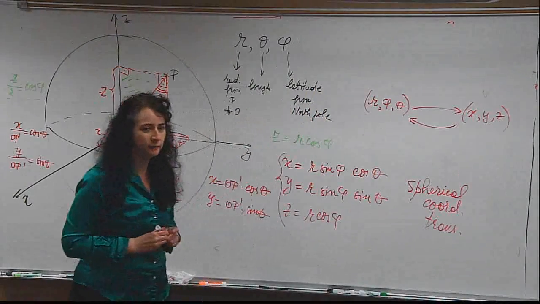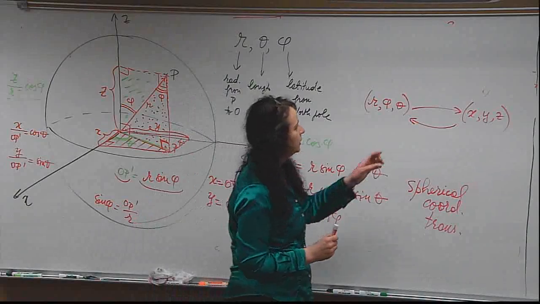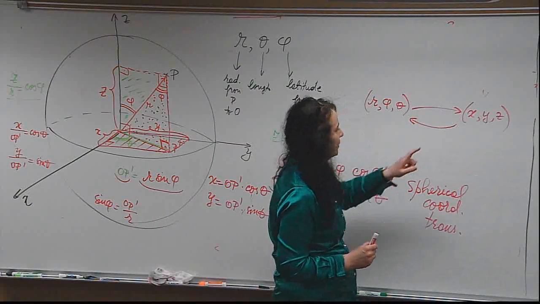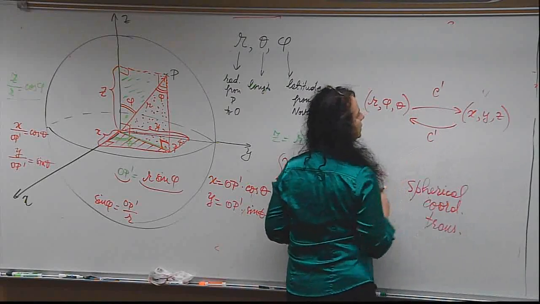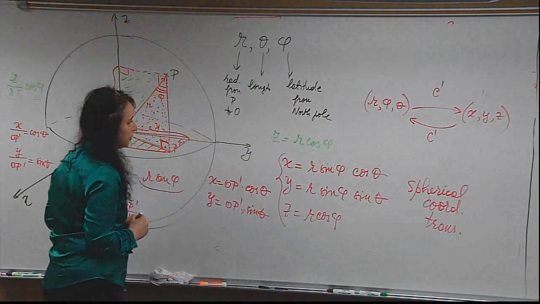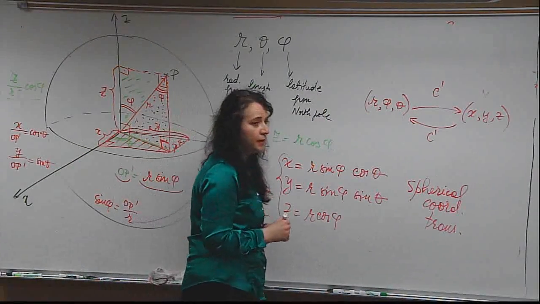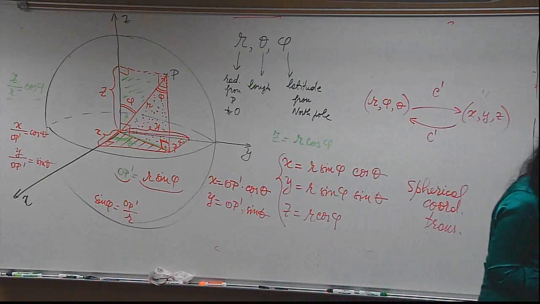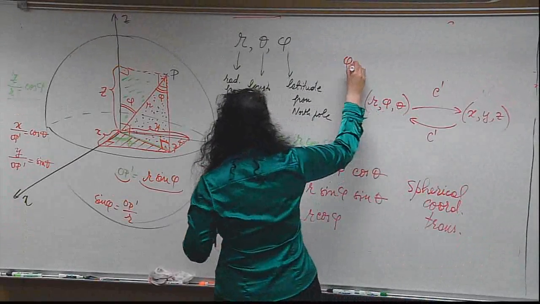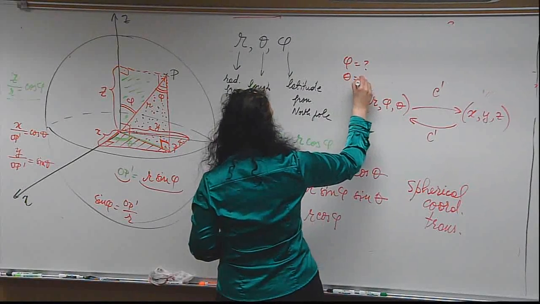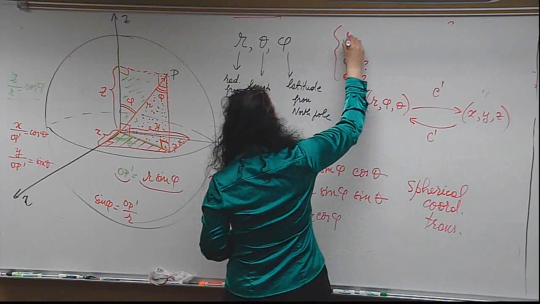So you have a one-to-one function, you have an inverse, and the inverse is also C1. They are both C1 functions. The inverse, who is the inverse? Oh, I don't know, guys. Okay, I only give you one piece of information that's crucial, and you have to find phi and theta, which are not hard to find. Who is R?